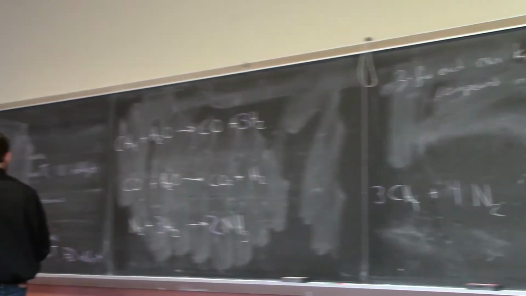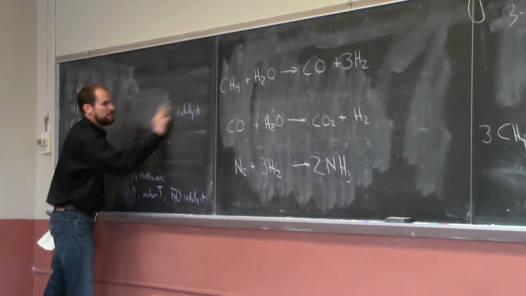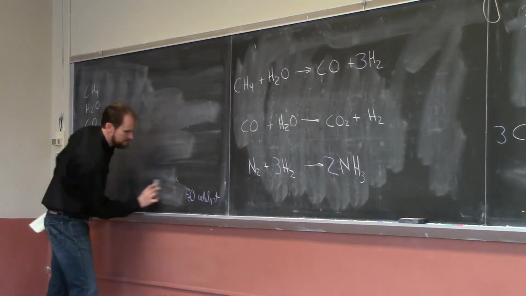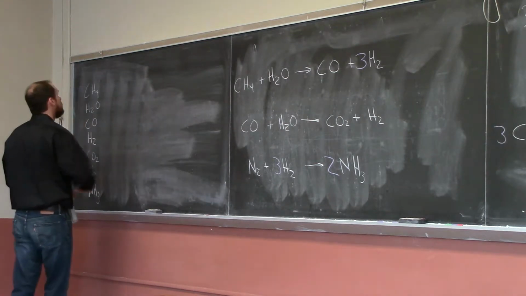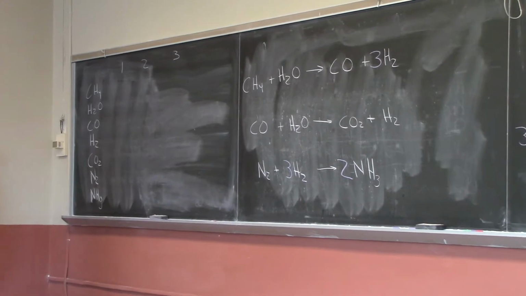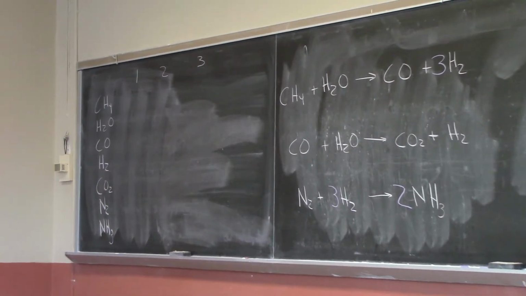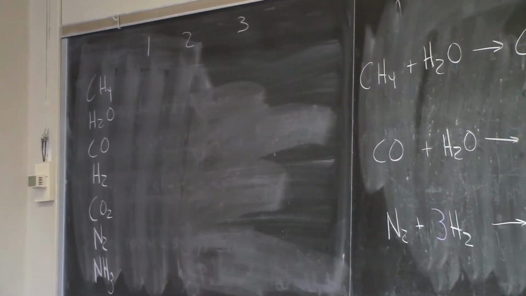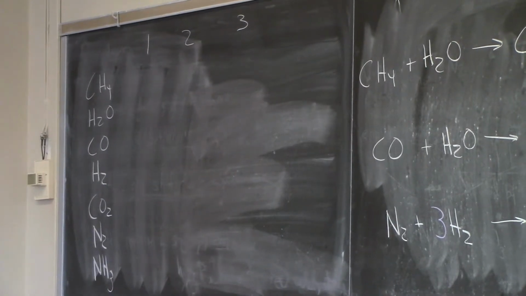So how many reactions do we have here? 3 reactions, so I'm going to make 3 columns. Reaction 1, reaction 2, reaction 3, and I want to get new for each of those compounds in each of those 3 reactions.